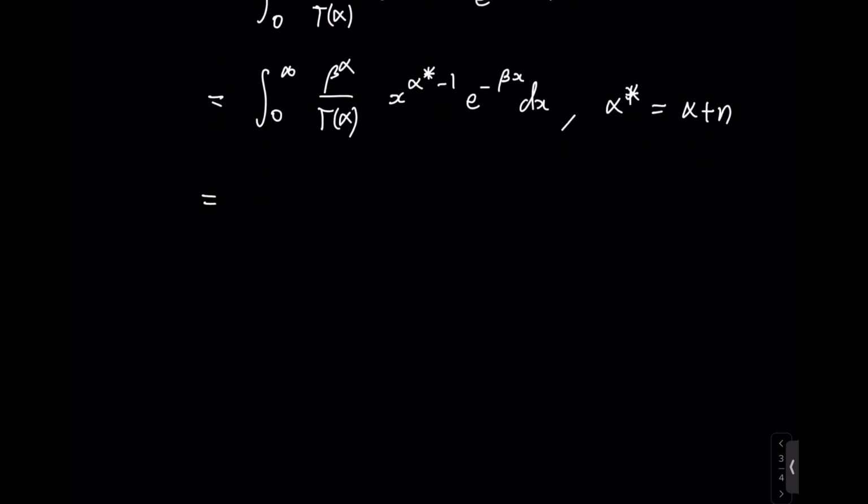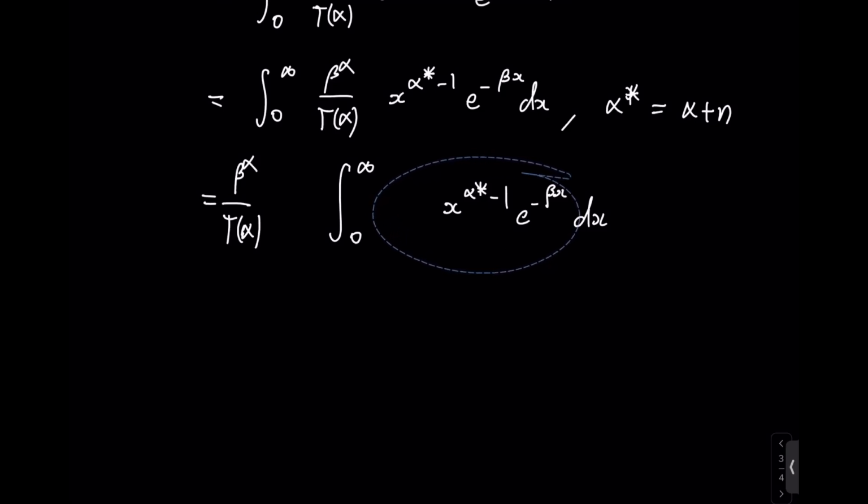Our next stage is then, again, to insert a cleverly chosen scaling factor, and we've got beta to the alpha over gamma of alpha at the front. We choose a special scaling factor which will make the term inside the integral look like a completed probability density function.